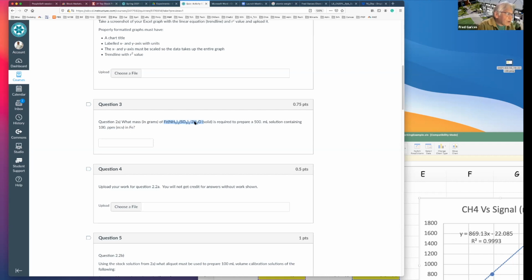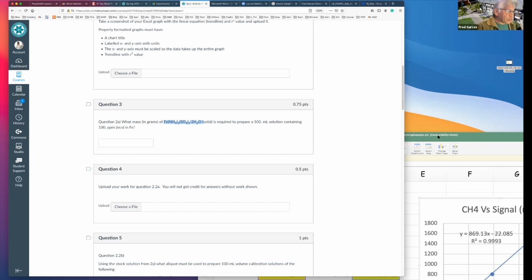Okay. And this question is, what mass of this compound is required to prepare 500 milliliters containing 100 parts per million of iron? So you need to weigh a certain amount of this compound so that when you prepare 500 mL, it has in it 100 parts per million iron. Okay.